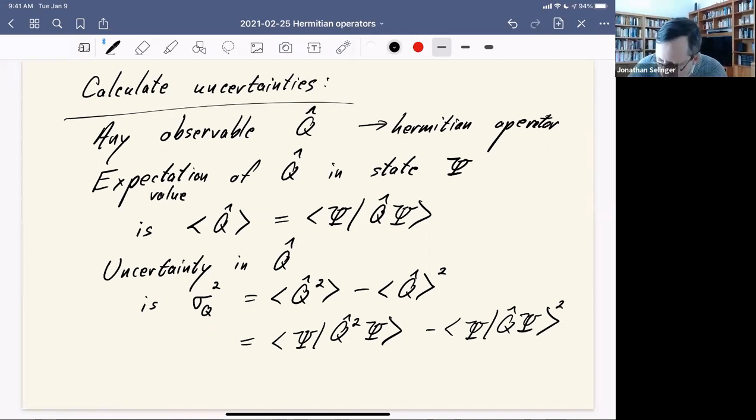Now, if I want to write this a little more compactly, let's suppose that the expectation value is what I will call little q. Then this is psi, Q squared psi, minus little q squared.